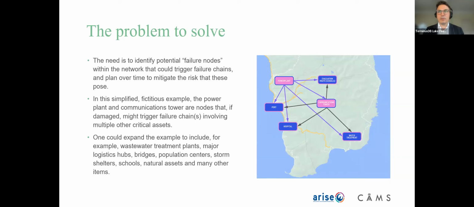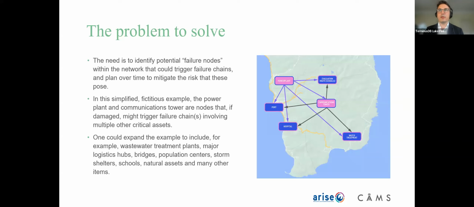And Kitty, when she presents the tool itself in the demo, you'll see some of these examples. In that example there, you can see that the power plant and communication towers are nodes that, if they're damaged, then there's a whole chain of failure around that. So the evacuation route, the signals, the port, the hospital, and the water treatment plant are all dependent assets on that.